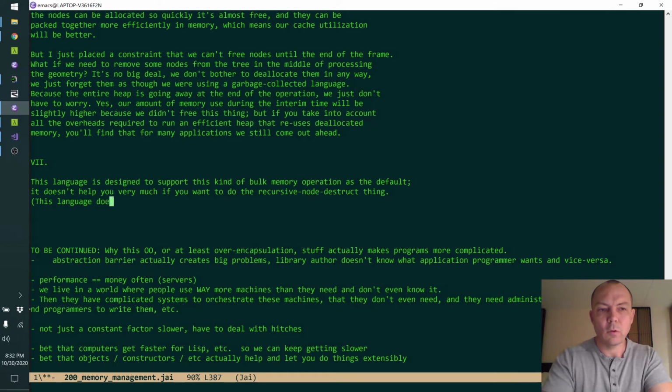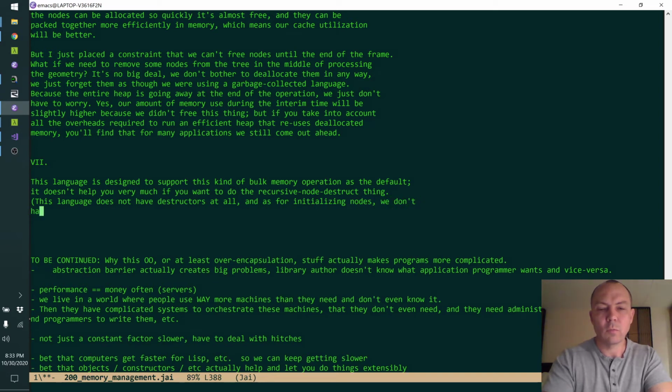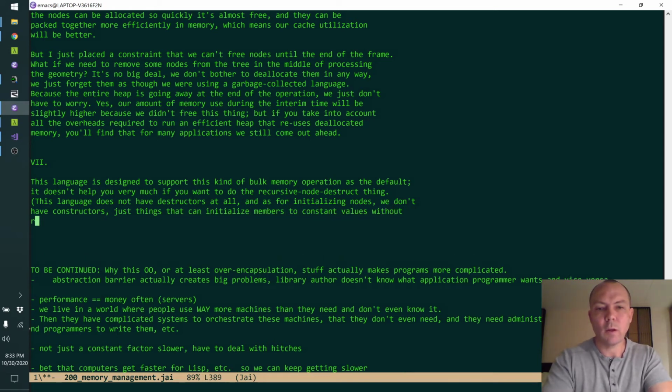This language does not have destructors at all, and as for initializing nodes, we don't have constructors, just things that can initialize members to constant values without running arbitrary code.